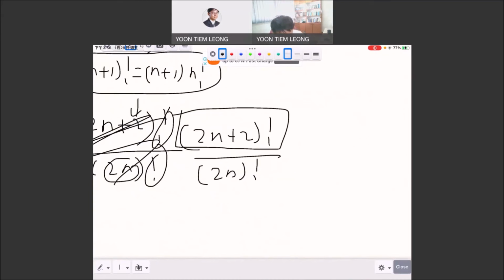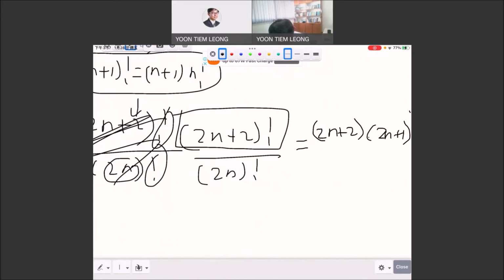So what you do is just release the term. When I say release, it just means that you take out the first term in 2n plus 2 factorial. You take out one term from that, and what you are left with is 2n plus 1 factorial.